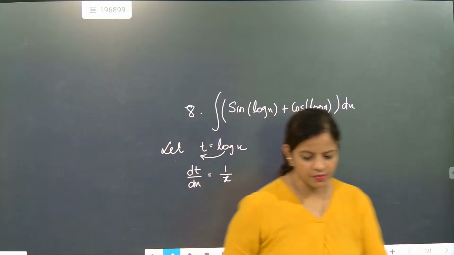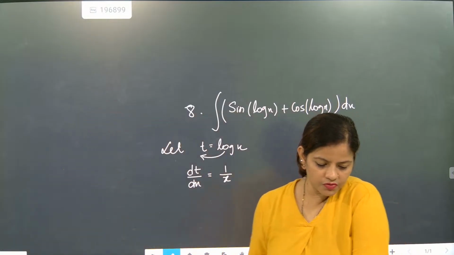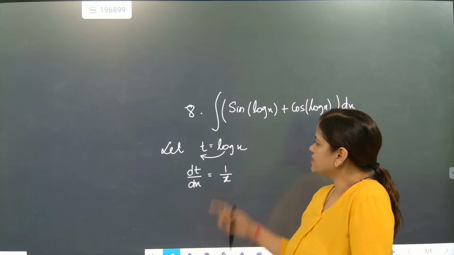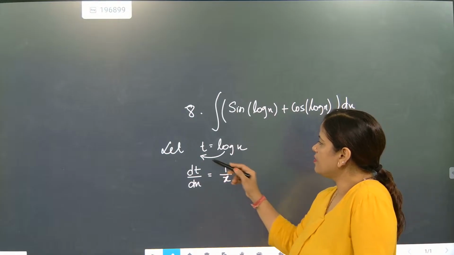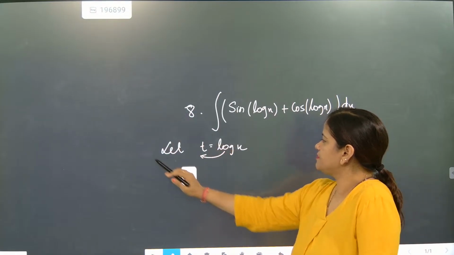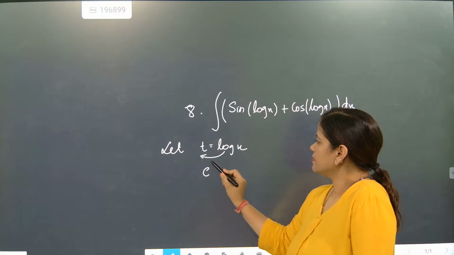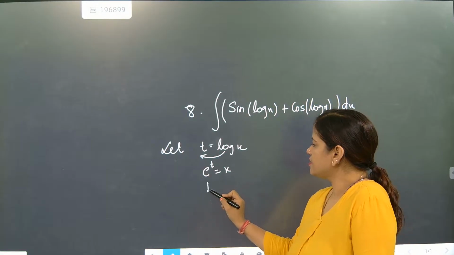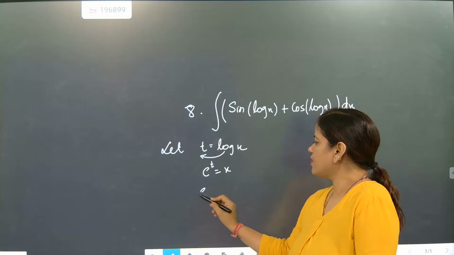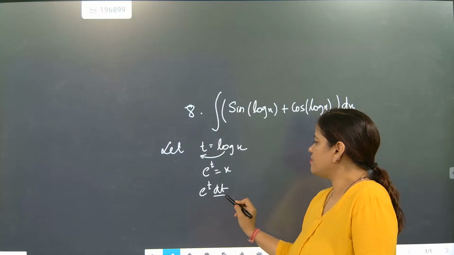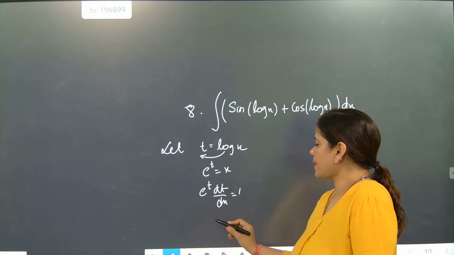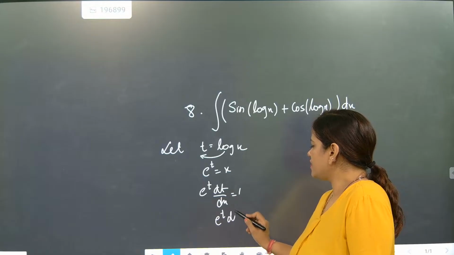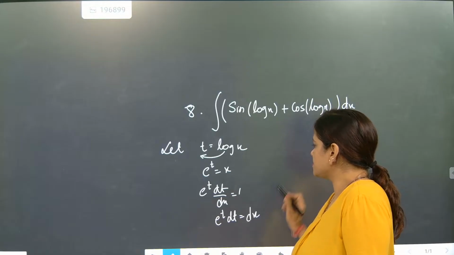So we will do like that only. Log x is equal to t. So x will become e to the power t is equal to x. Now you differentiate: e to the power t dt by dx is equal to 1. So e to the power t dt is equal to dx.